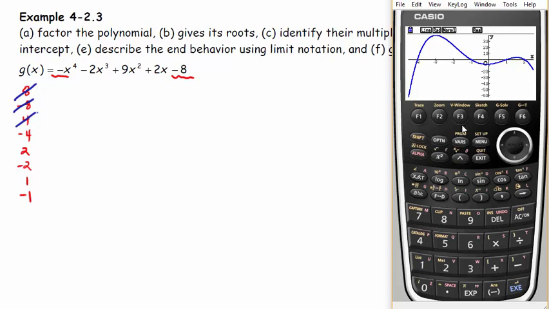So, to find these roots, I'm going to go Shift, Graph Solve, Root, and it looks like one is at -4, then -1, 1, and 2. Alright, so it looks like from the calculator we have -4, -1, 1, and 2.